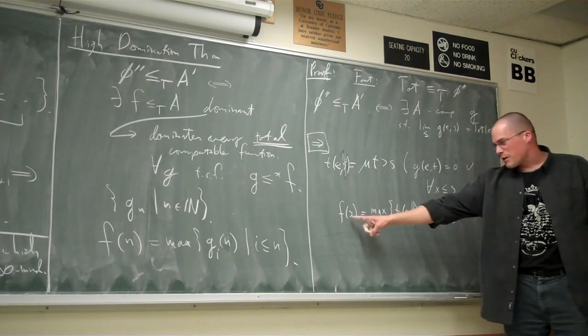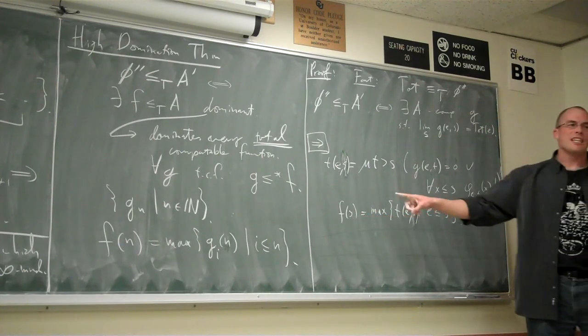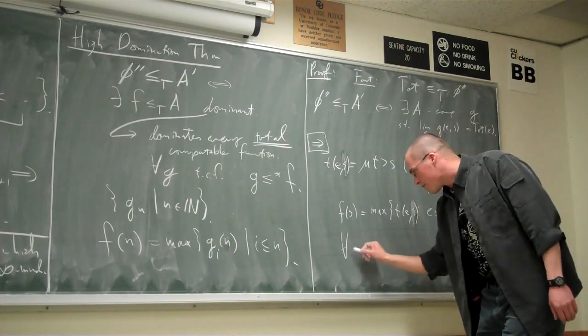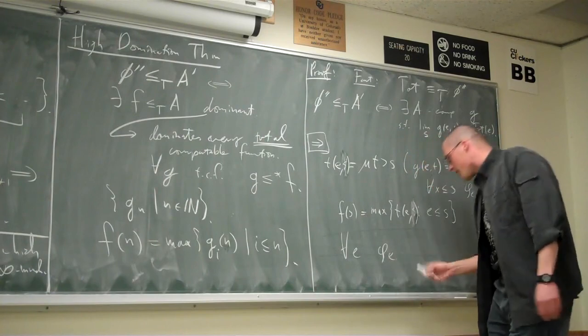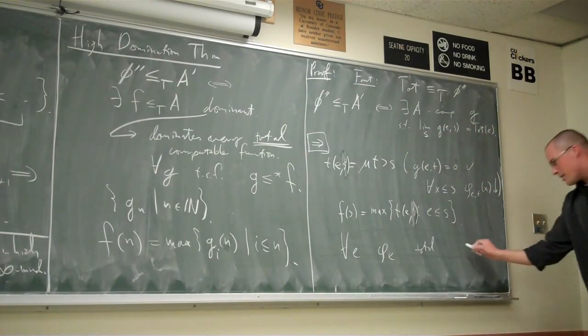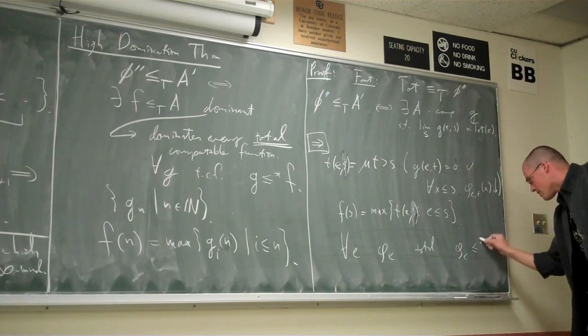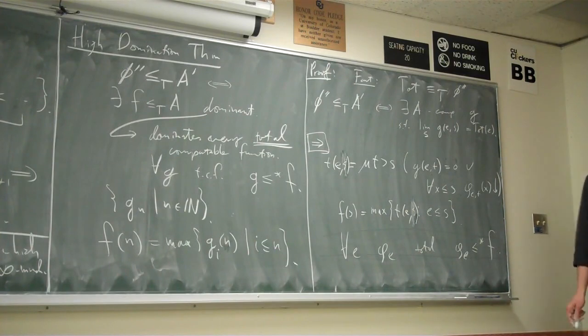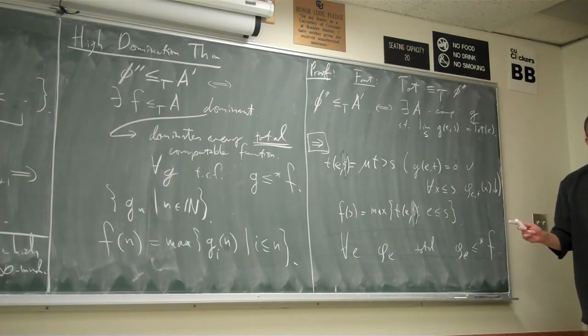Because now this f_s, we want to argue from this definition that for every e, if phi_e is total, then phi_e is eventually dominated by f. And we would like to argue this in as simple a way as possible.